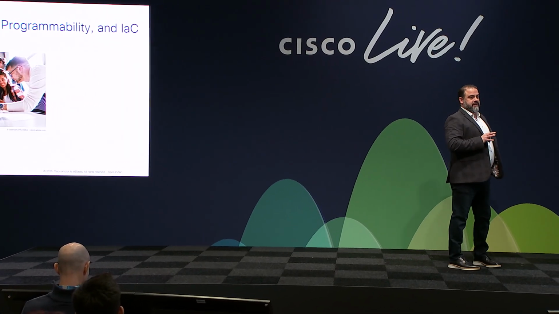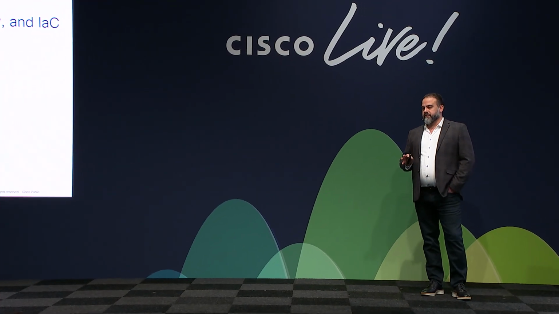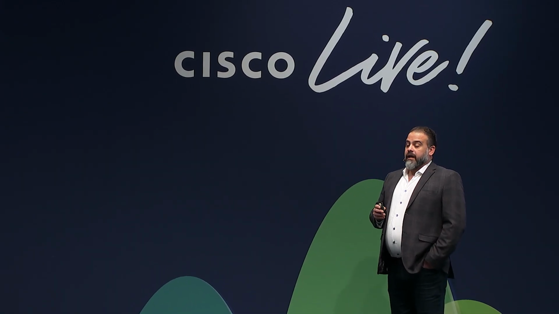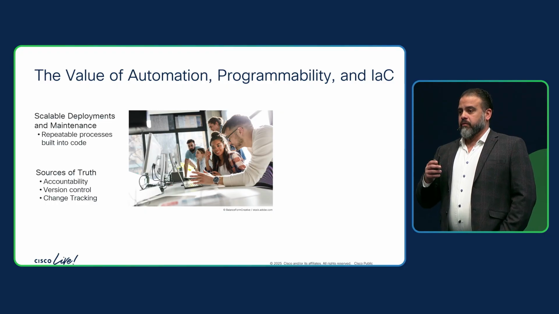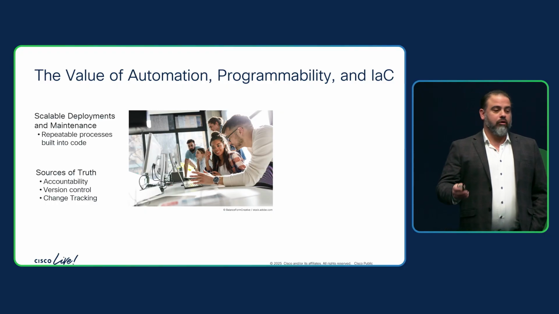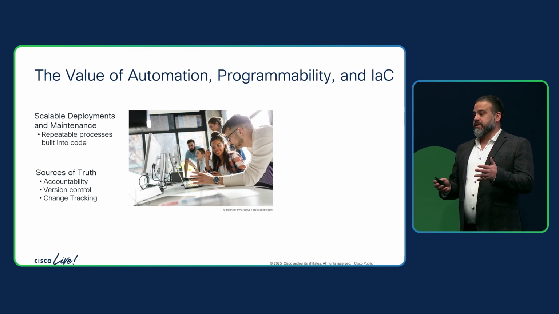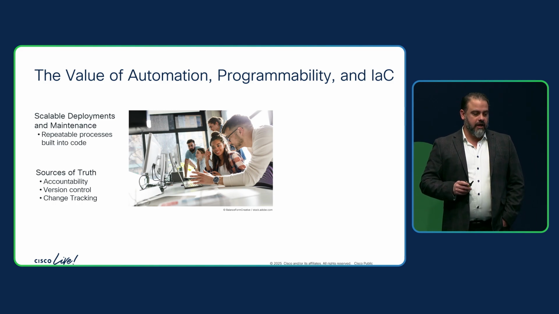It also gives us an opportunity to have a more visible source of truth. It provides us accountability into our deployments, and it also gives us visibility into version control. And what that does, as far as change tracking is concerned, is if we run into situations where potentially we have an issue with the deployment or we're running into some problems, we can actually go back and maybe even possibly roll back some of the deployments that we've done.